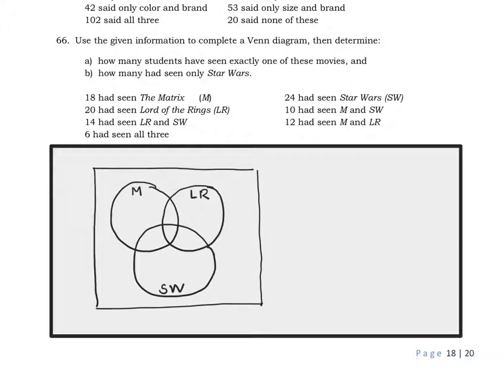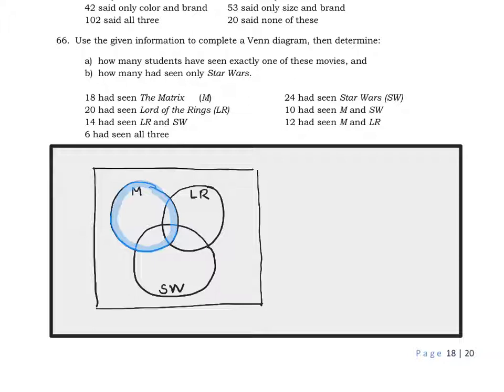So you'll notice when they first start out with 18 had seen The Matrix, I cannot put that anywhere on my Venn diagram right now, because when they say 18 people had seen The Matrix, they are talking about this entire region right here, because they did not say 18 people had seen The Matrix only.